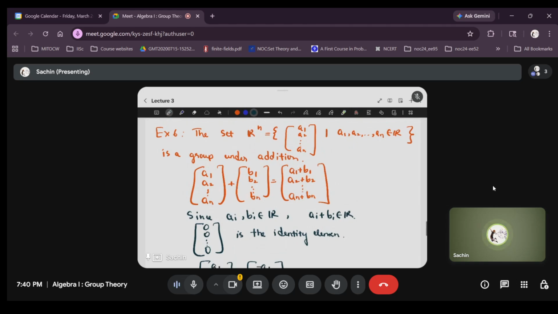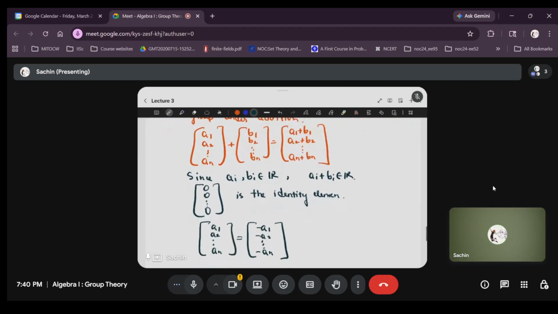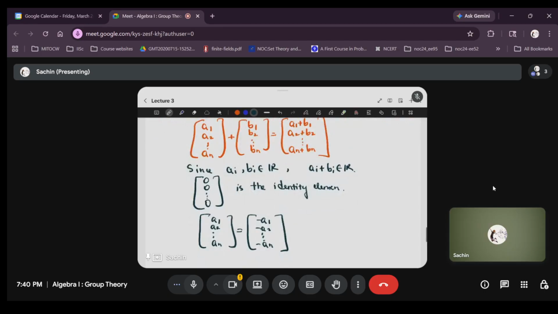So everywhere you can replace R by a group G. And the only thing is, if you replace it by a general group G, minus a1 is simply the additive inverse of a1. This is notation. Minus a means additive inverse of a.